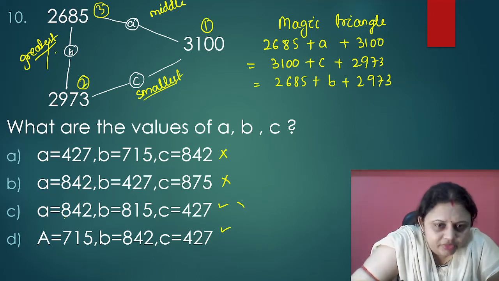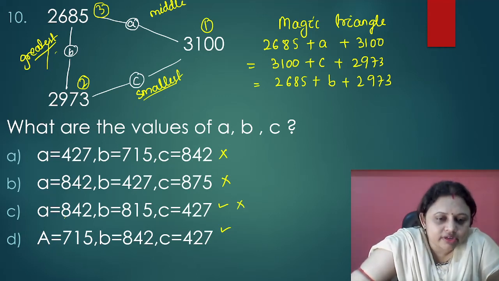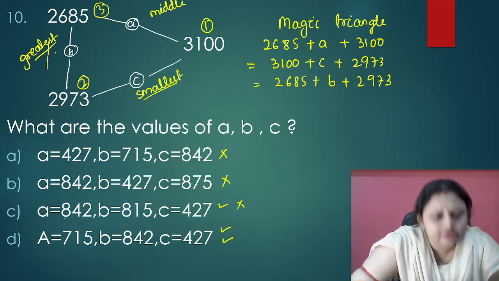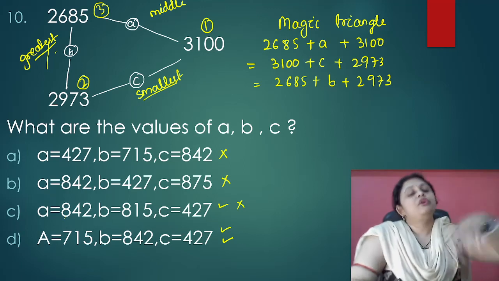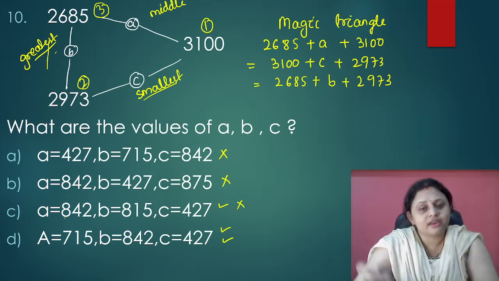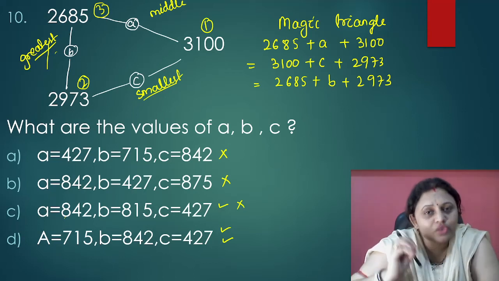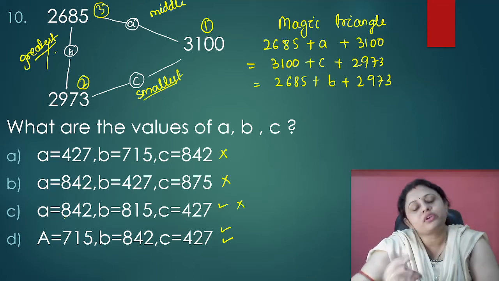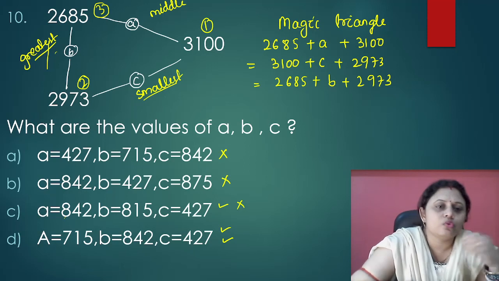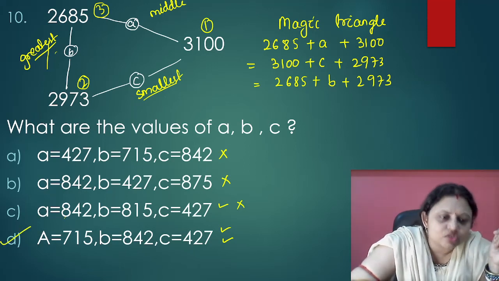No. 842, 715: is the greatest number B? Yes. So from this elimination, without counting, just by looking at the options you can find the correct option. So the correct option is option D.